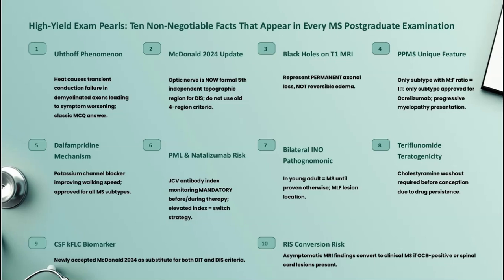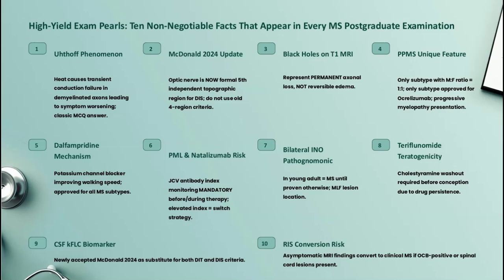Natalizumab and PML, always remember JCV monitoring. Bilateral internuclear ophthalmoplegia in a young adult should strongly suggest MS. Teriflunomide is teratogenic and requires accelerated elimination before pregnancy. Kappa-free light chains are increasingly important biomarkers in updated diagnostic frameworks.